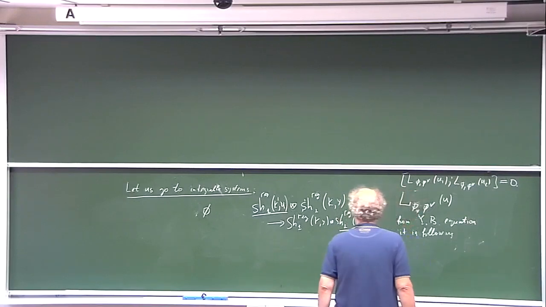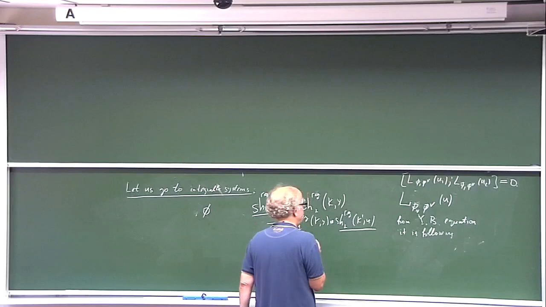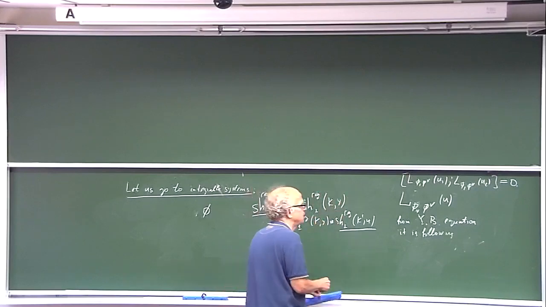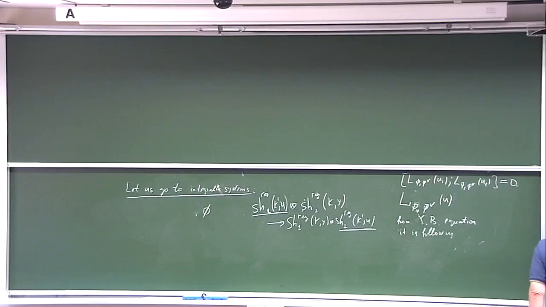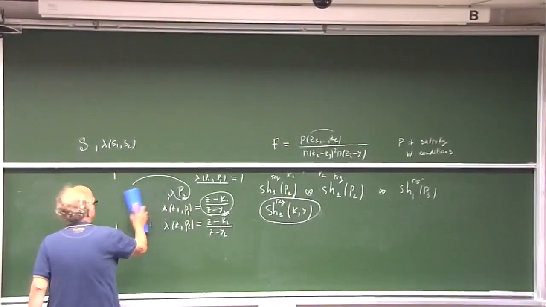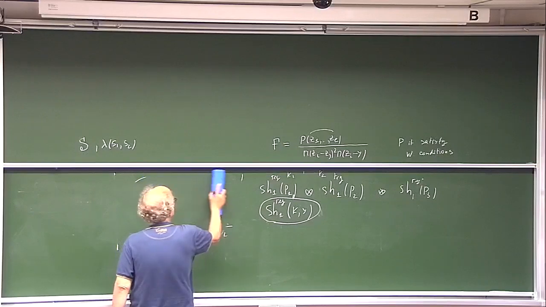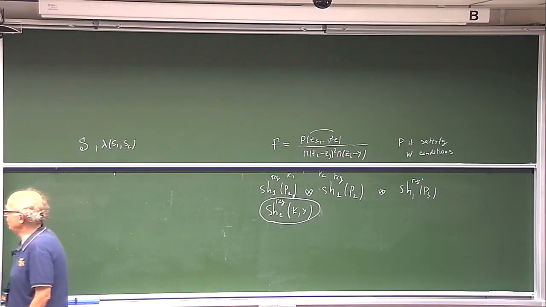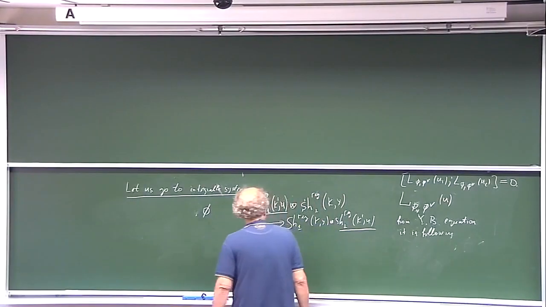And so it means that in this way we get some commutative algebra of operators which are acting on this space. But we have more possibilities of constructing a commutative algebra.